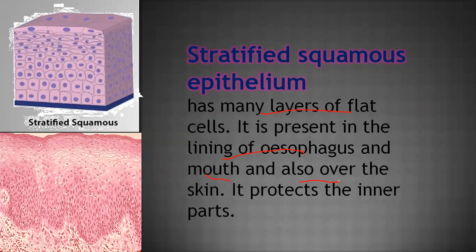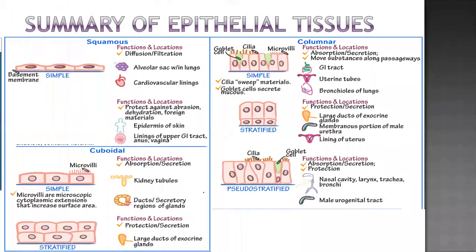And all over your skin there are lots of layers of stratified squamous epithelium tissue. What is its function? Since the layers are so thick, it provides a thick covering on the outside of the body to protect the inner parts.